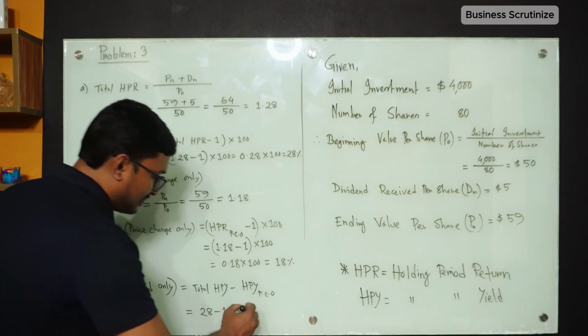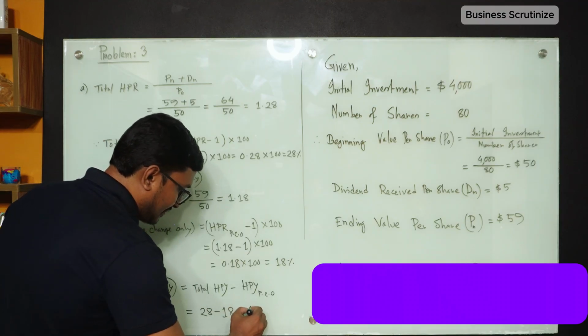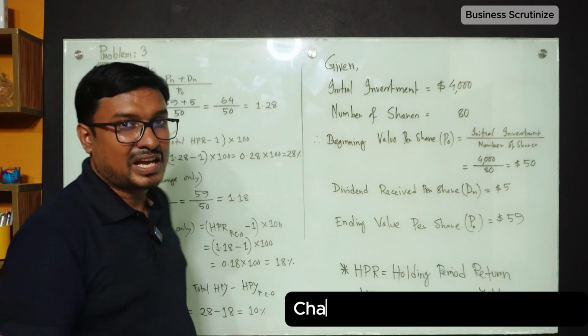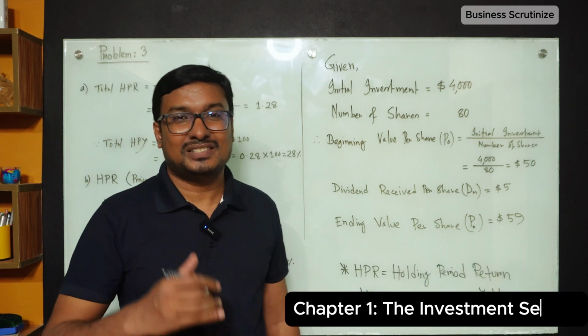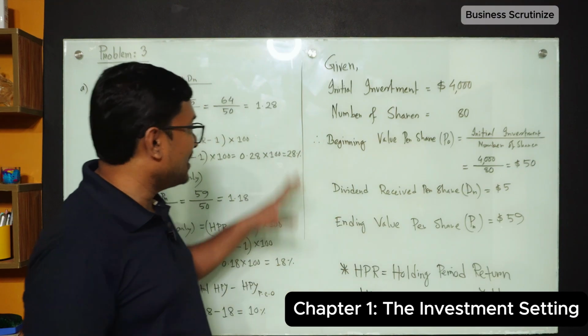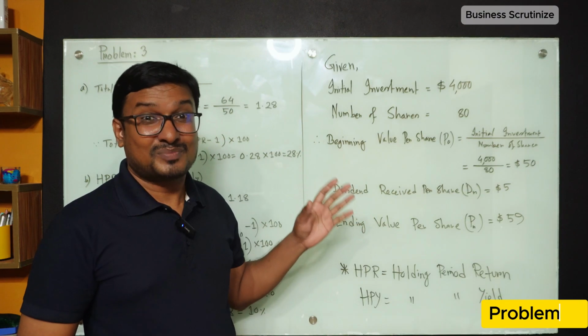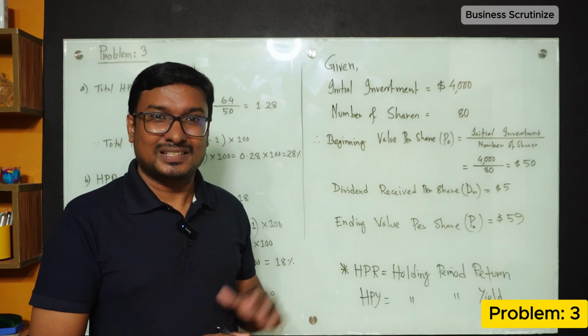If we subtract, we get just 10%. So considering only the dividend, the holding period yield is 10%. In this way, you can compute this problem or related problems. Hope you can understand the solution of the problem.